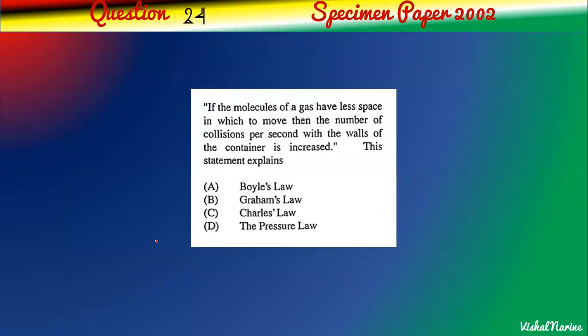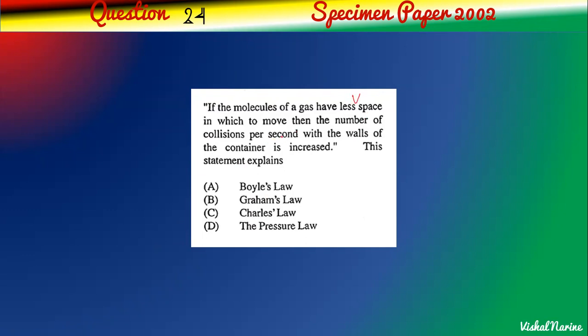Question 24. The question reads, if the molecules of a gas have less space in which to move, then the number of collisions per second is increased. This statement explains, so less space, that is talking about volume.